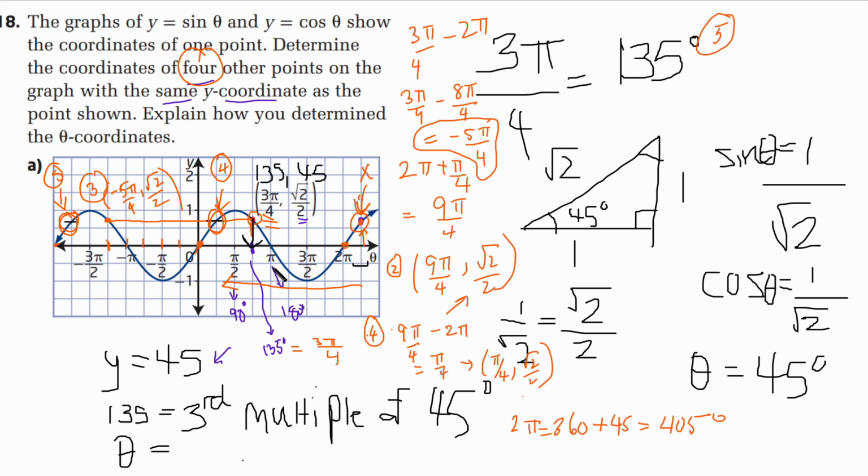Do you think 5 and 3 pi over 4 are the same points? Pardon? So you're saying that this point right there is the same as this point?